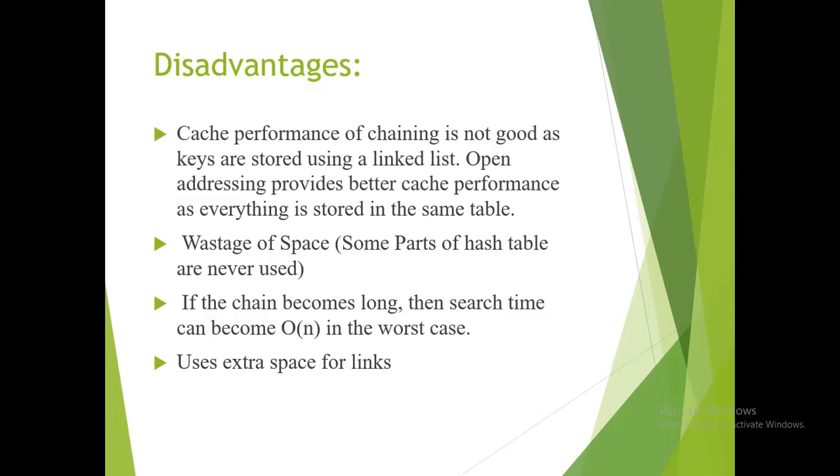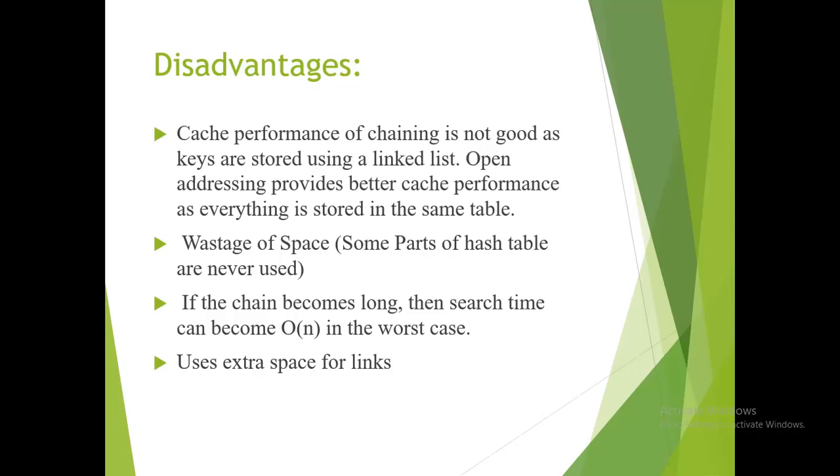Disadvantages. Cache performance of chaining is not good as keys are stored using a linked list. Open addressing provides better cache performance as everything is stored in the same table.